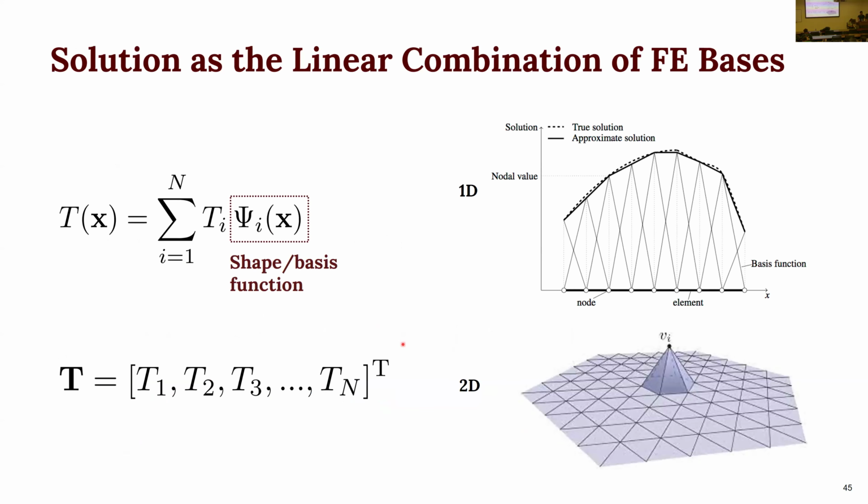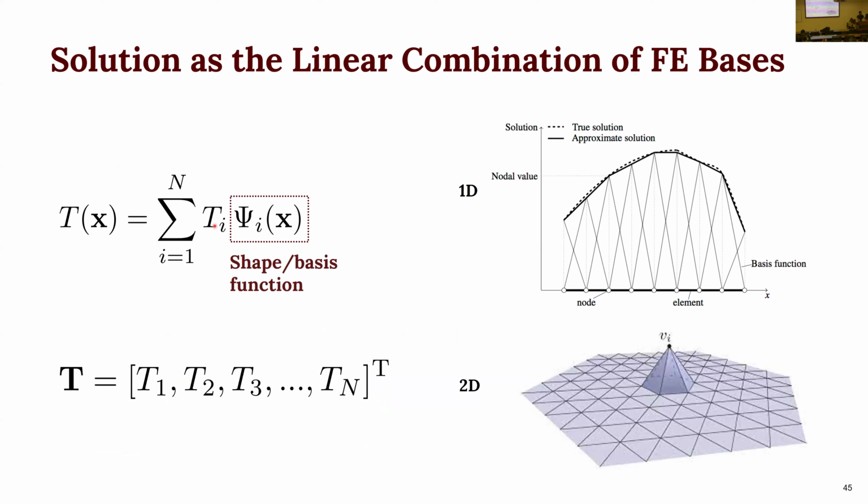Okay. So the finite element method is based on the notion that the solution T(x) can be approximated by a sum of piecewise smooth functions, which are typically piecewise polynomials called basis functions or shape functions.